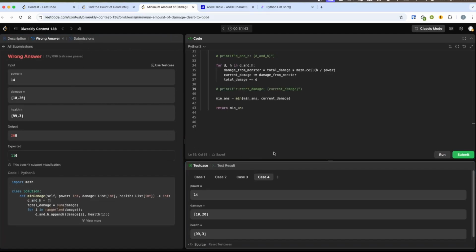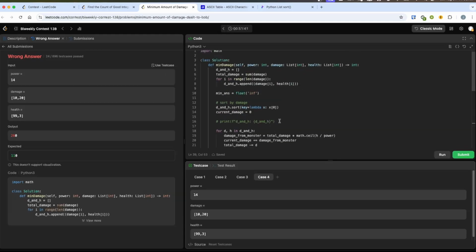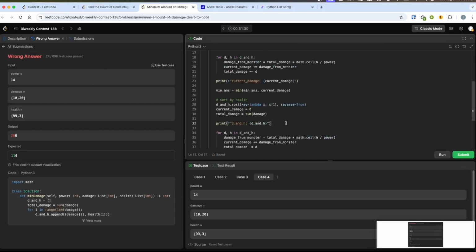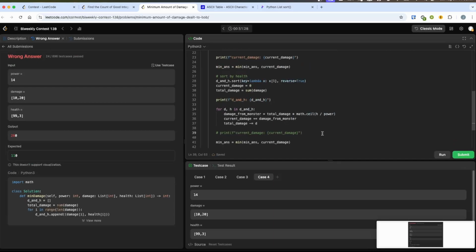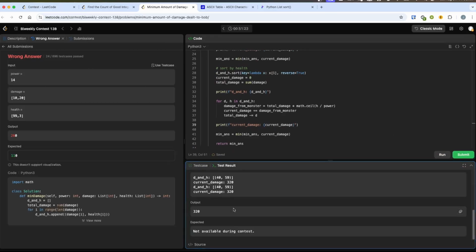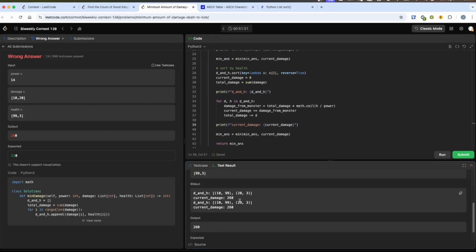So neither of those worked. Why is that? Let me just screenshot this in case I end up refreshing. So we get 320, 320, 260, 260.